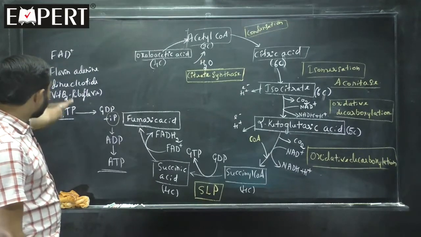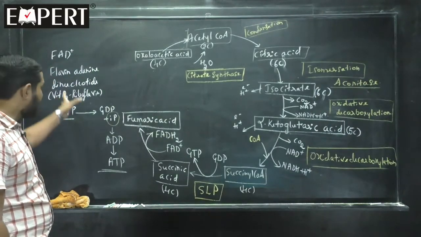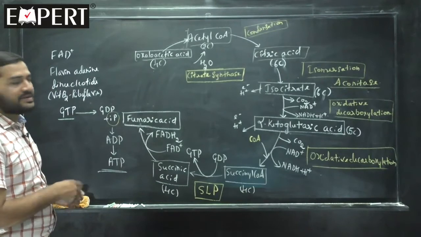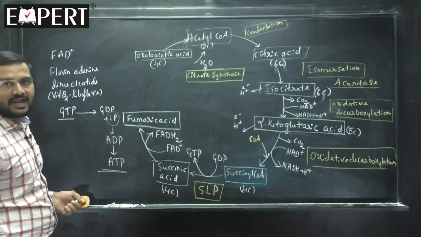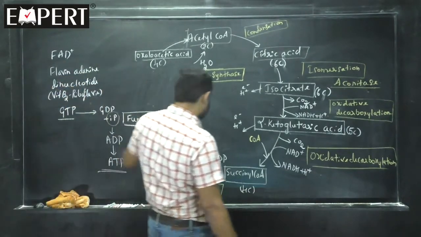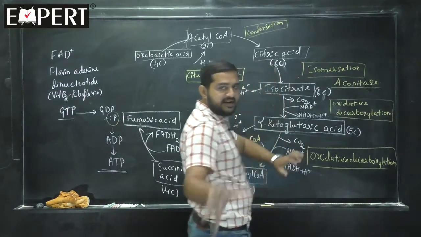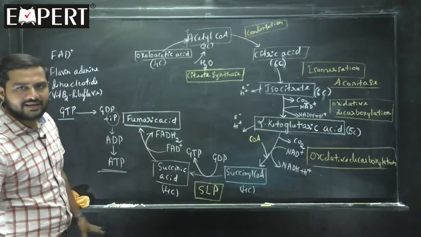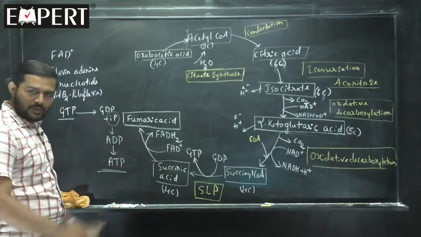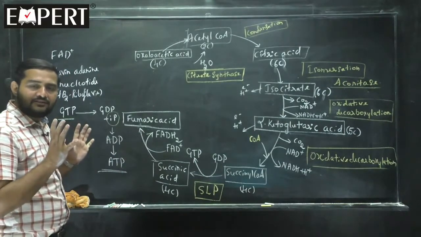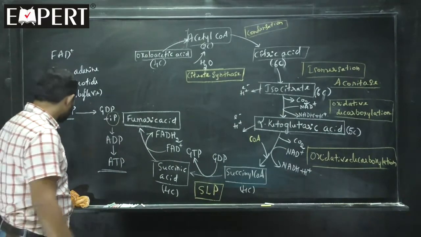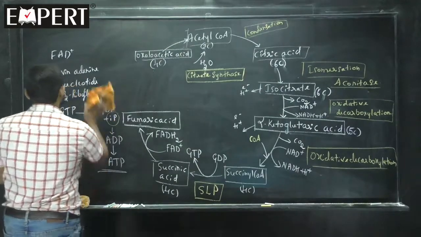Friends, hope you have taken down all this information, because I am going to erase it so that it does not disturb our discussion regarding the cycle. There is extra information which you should remember. Is FAD plus an electron carrier? Yes, it is an electron carrier. It is a coenzyme derived from vitamin B2. Yes, I am erasing this, okay.